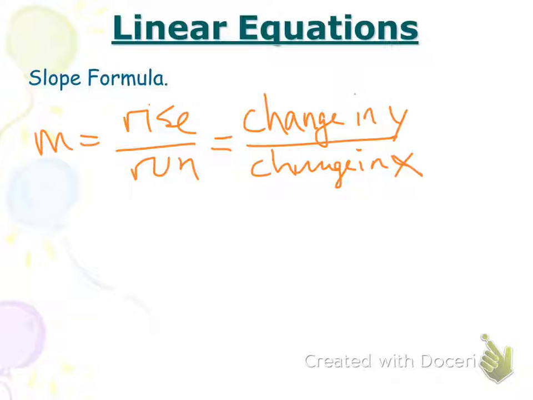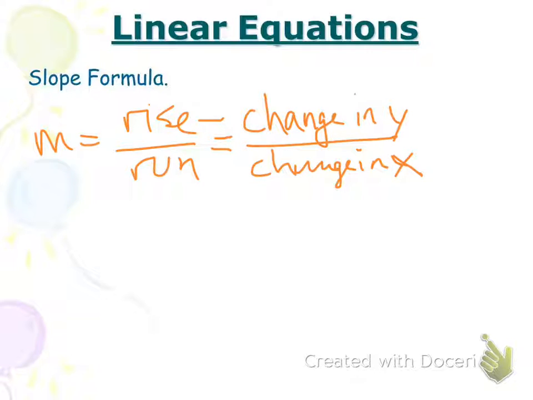This is another way to describe rise and run, right? Rise, how much it goes up or down, that's the change in your y coordinates, because up and down is the y-axis. And run, left or right, is the change in your x coordinates. So we can talk about slope as change in y and change in x.